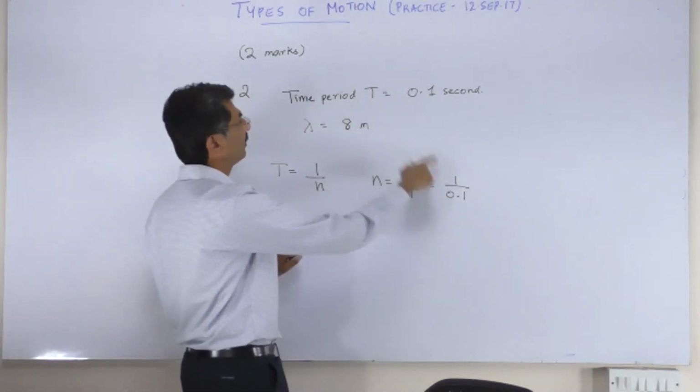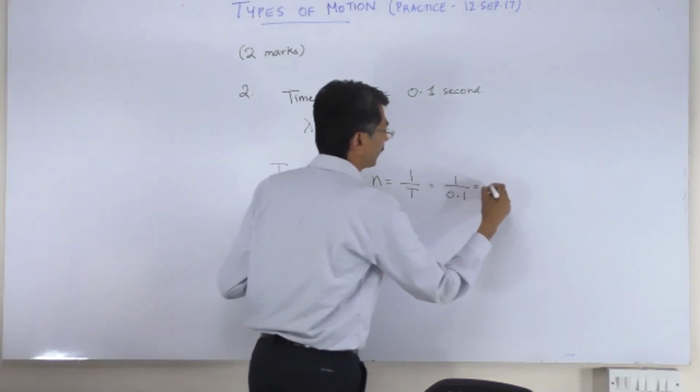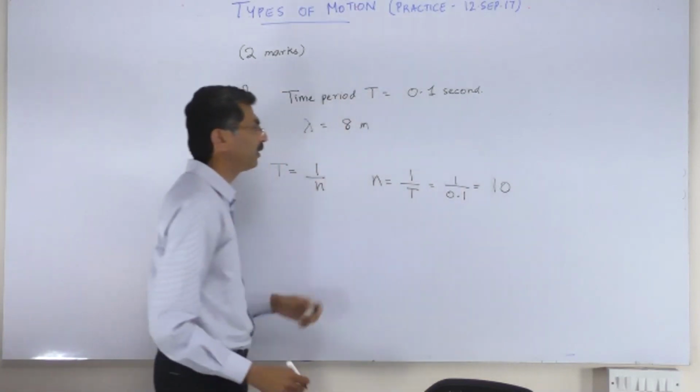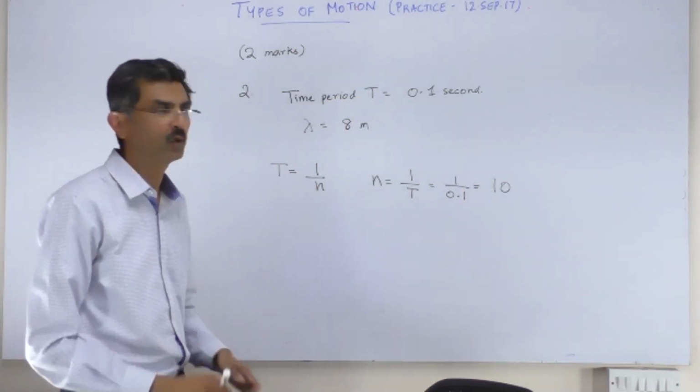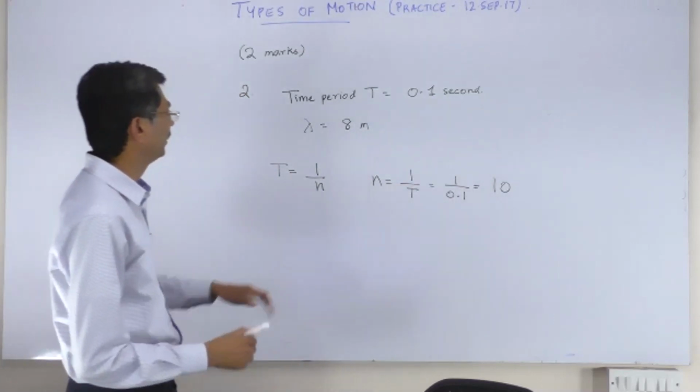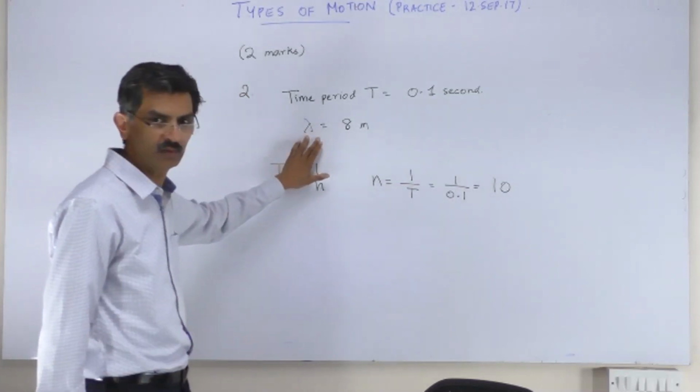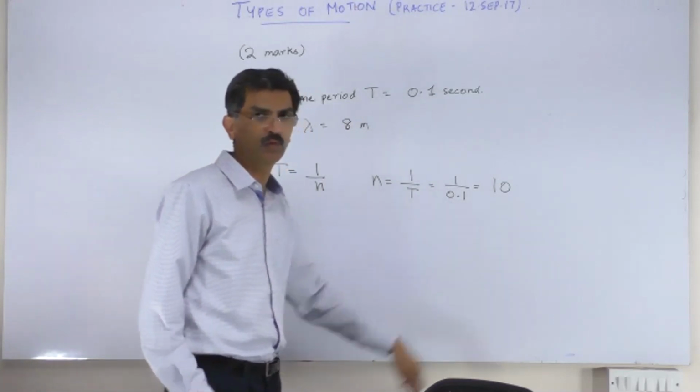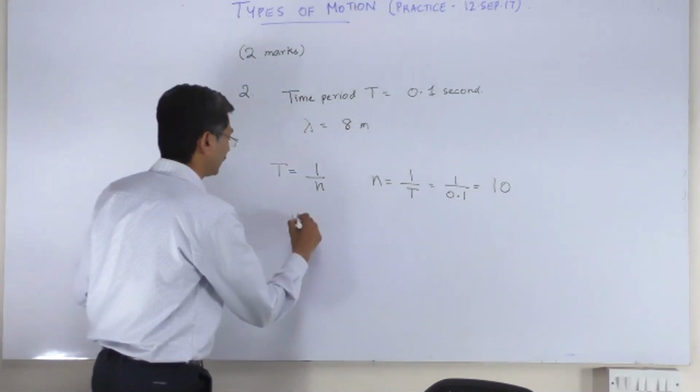So the frequency is 1 divided by 0.1, which is 10. So we now have wavelength as well as frequency. Using these two, we can calculate the velocity.